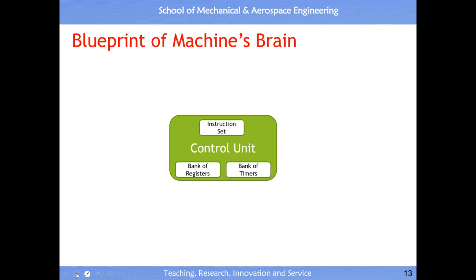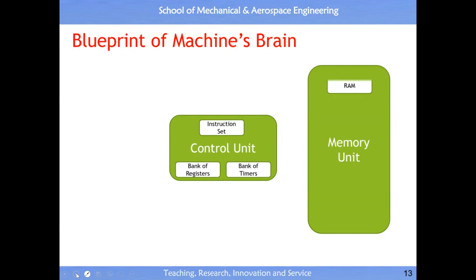So more or less follow this blueprint. Then you can do a comparison between this blueprint and the blueprint of a human brain. You may find some similarity. Okay, first we have a control unit. The control unit is similar to the midbrain inside the human brain.